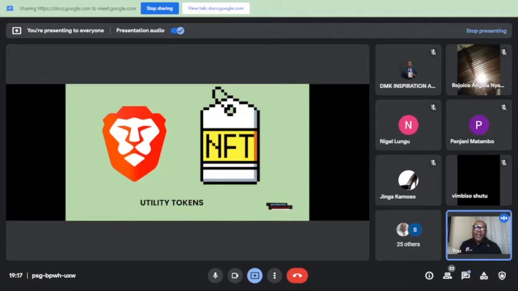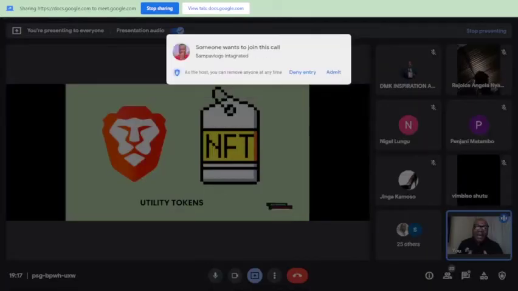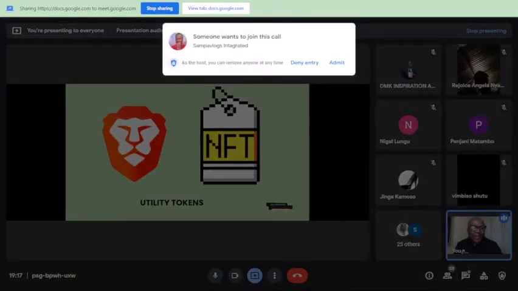So under the utility tokens also are the non-fungible tokens, NFTs. Non-fungible tokens serve as a type of unique utility token too.